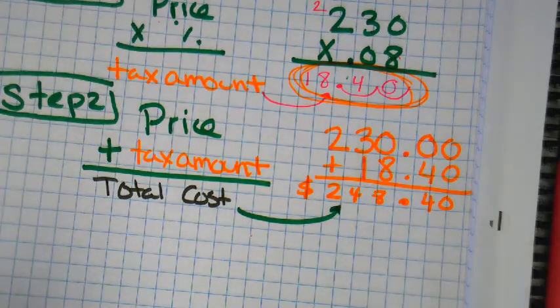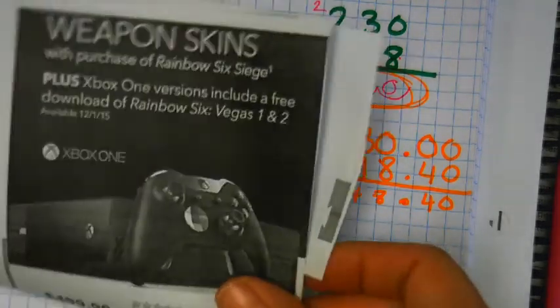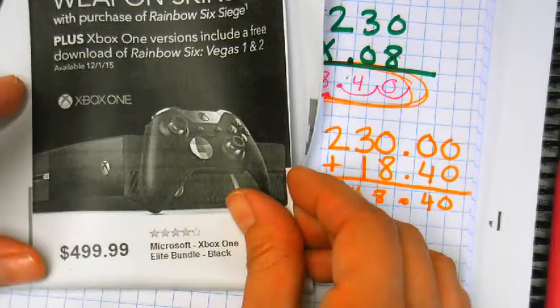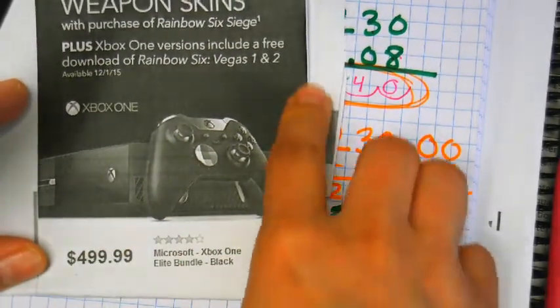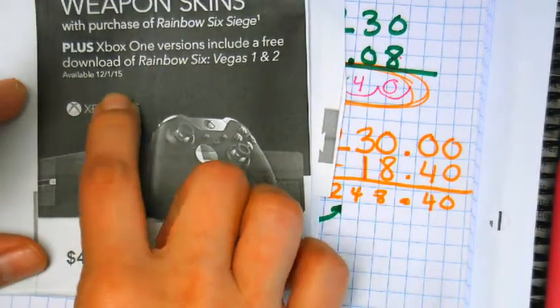All right. Ready? Let's say I want to buy this Xbox One, which includes a free download.